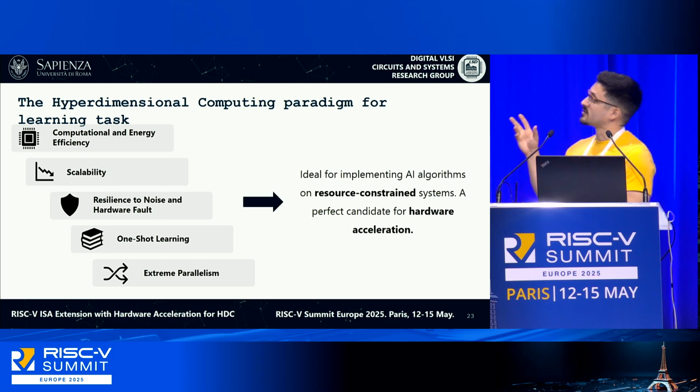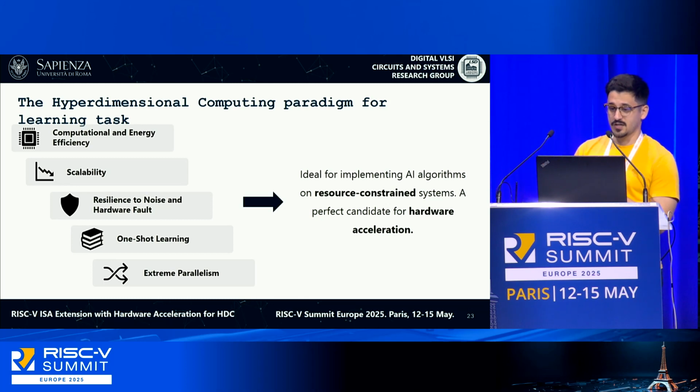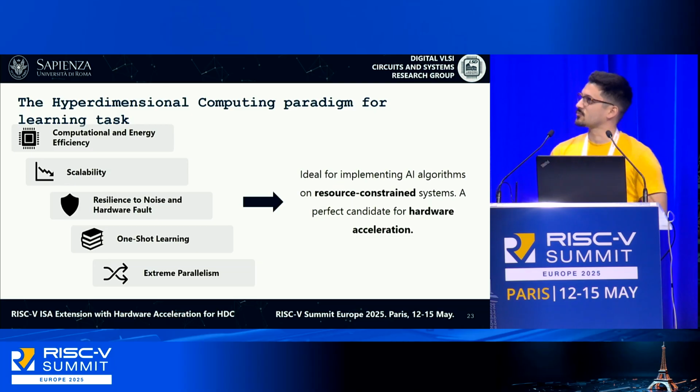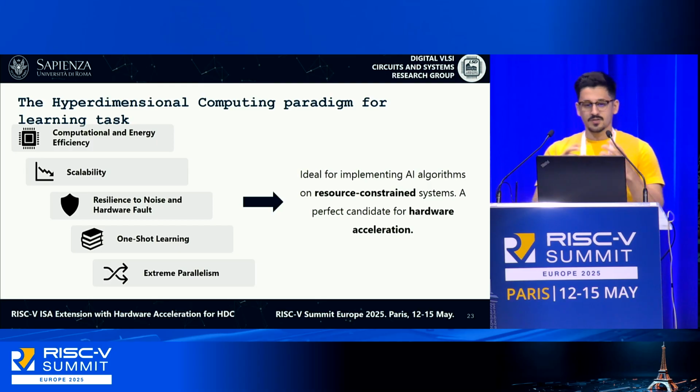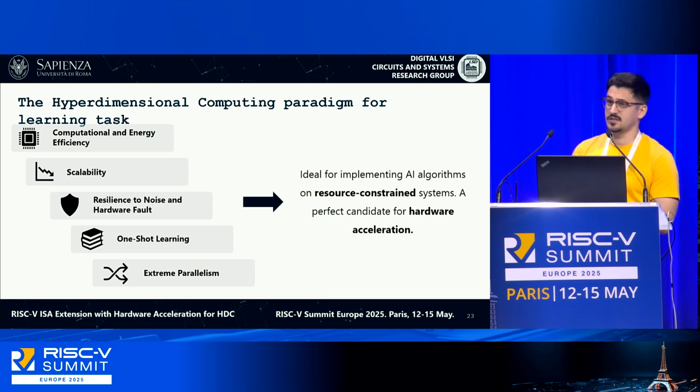They are computationally and energy efficient, they are highly scalable, they present really good resilience against noise and hardware faults, they can learn from a handful of examples, and they present an extreme degree of parallelism. All these properties make hyperdimensional computing not only ideal for implementing AI on resource-constrained systems, but also a perfect candidate for hardware acceleration.